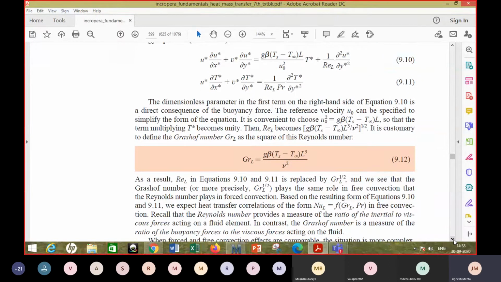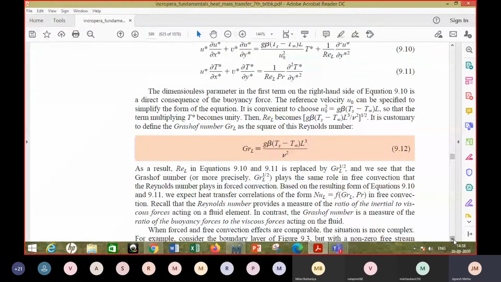You cannot say in general that the square of the Reynolds number is the Grashof number. As applicable in the natural convection case, the square of the Reynolds number is redefined as another non-dimensional number, and that is called the Grashof number.